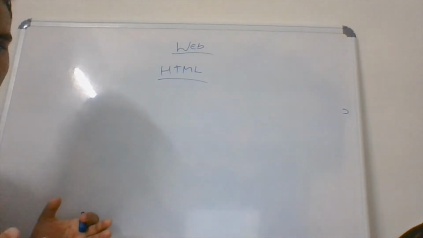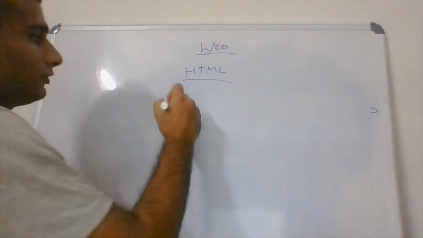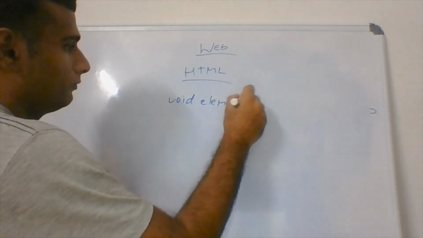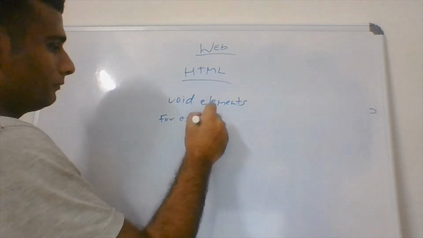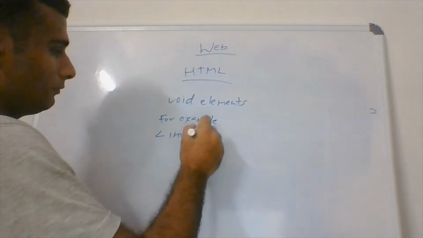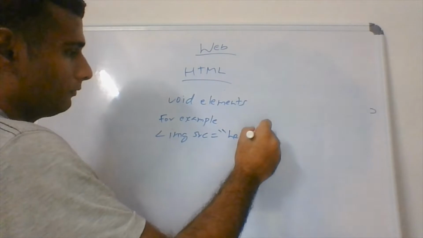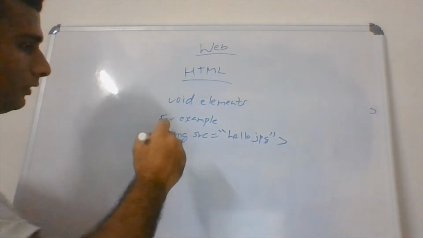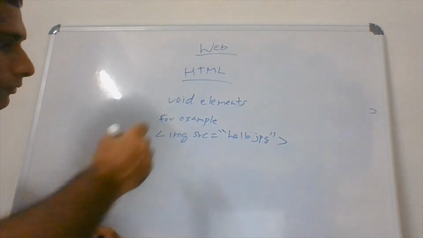So some elements don't require ending tags. Such elements are called void elements. For example, here one image element does not require any closing tag.